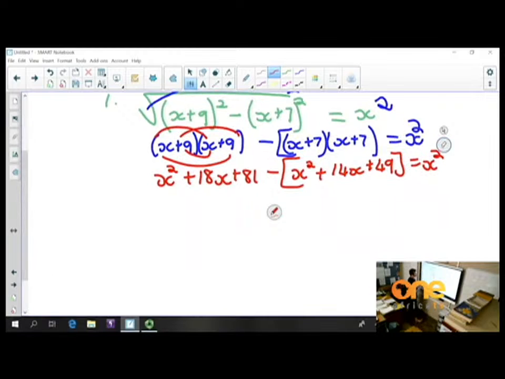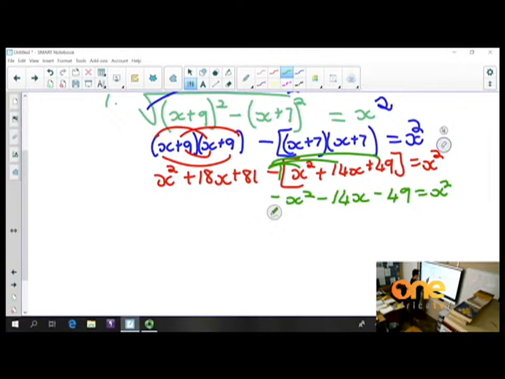Quite a large sum. Now here all the signs are going to change because I multiply a negative 1 in each one there. So then it is negative x squared, negative 14x, negative 49, which is equal to x squared.